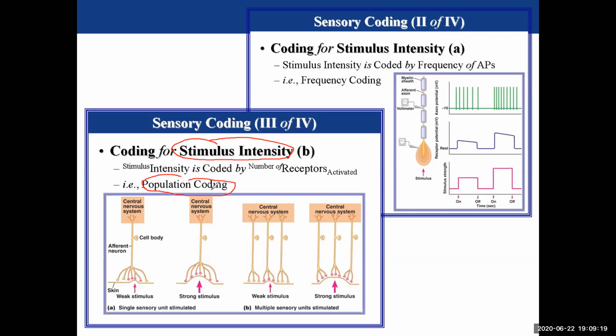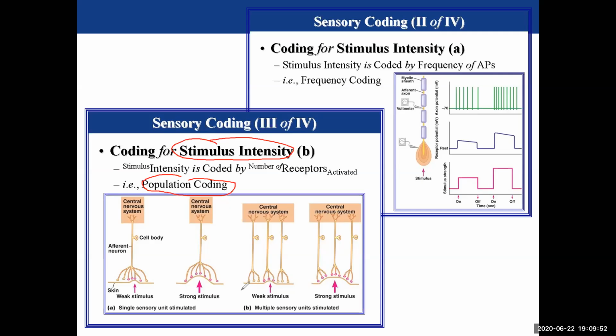Population coding. Here we have multiple sensory units, specifically 3 different first order neurons serving alongside each other on a specific defined area on the surface of the skin. A weak stimulus might mobilize only the middle neuron, but a strong stimulus mobilizes all 3 sensory neurons.